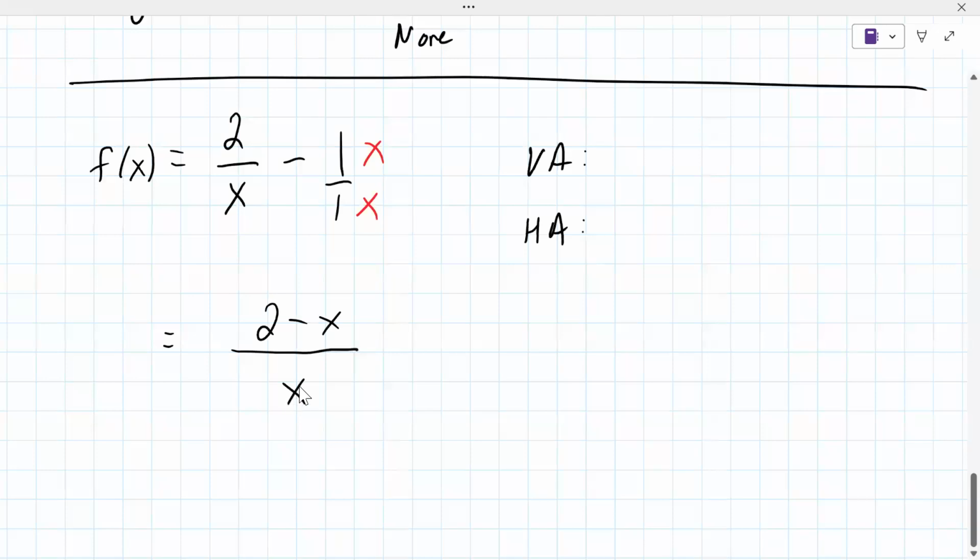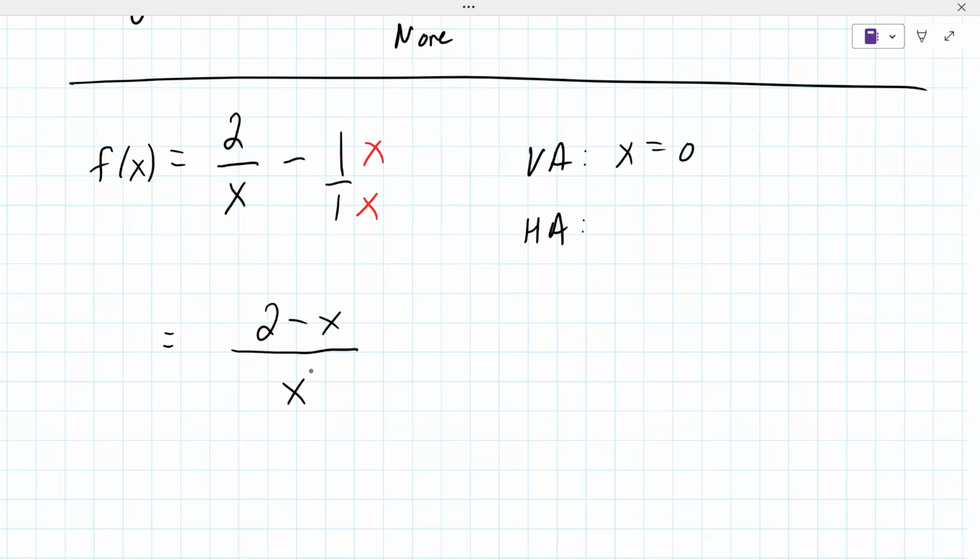Just go x equals 0. All right, vertical asymptote. Oh, right, because they can be 0. I forgot, that's my bad. Vertical asymptote at 0, because x plus 0 equals 0.